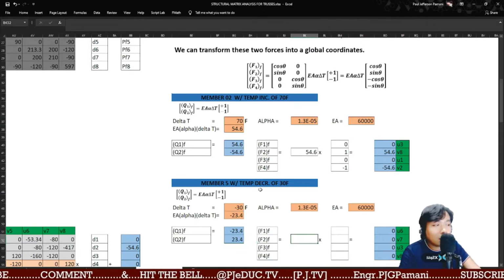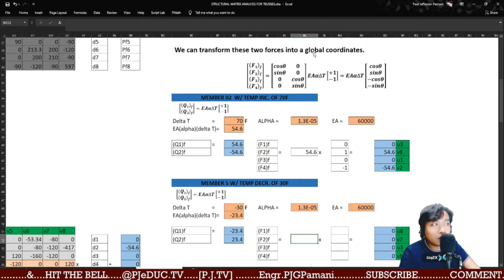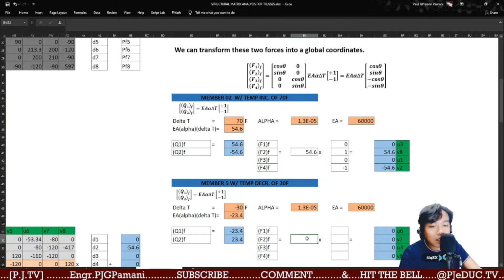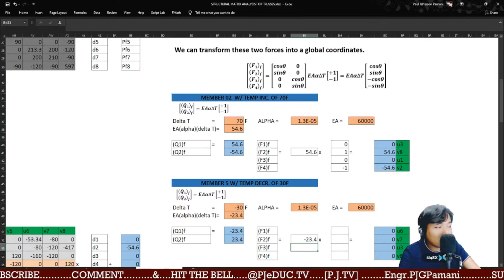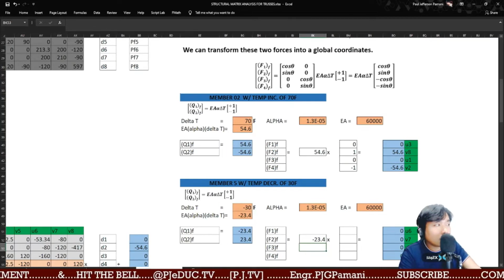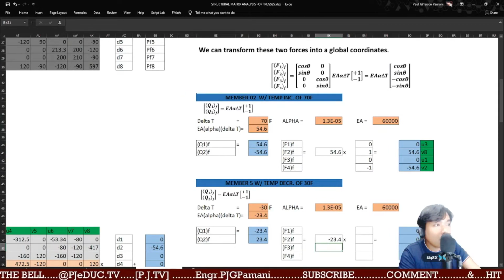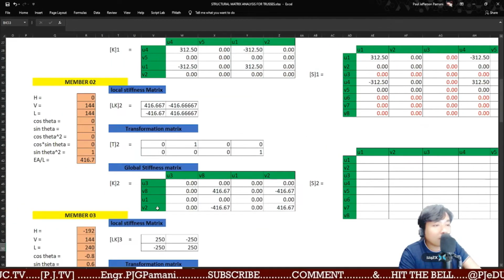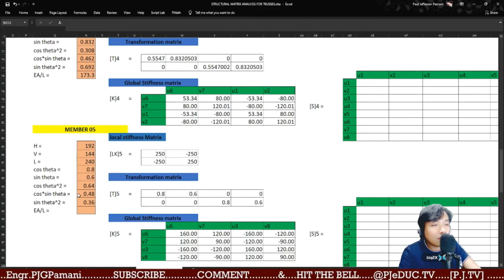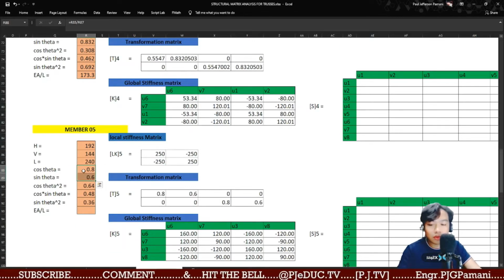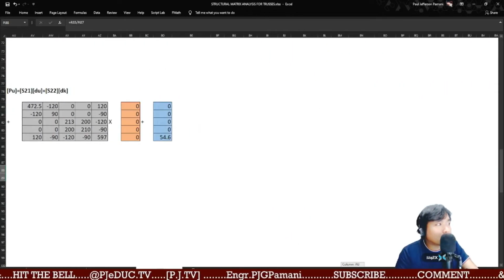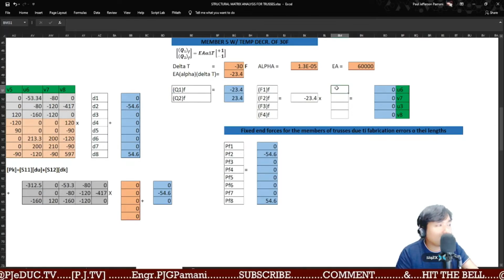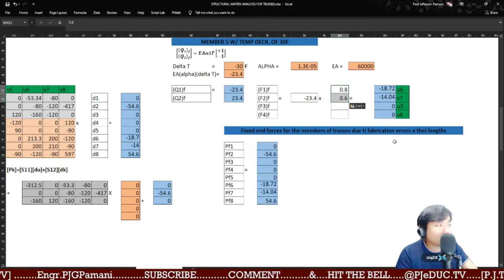Okay? Then, to compute for the forces under global coordinate system due to change in temperature, that is EA alpha delta T times the cosine theta, sine theta, negative cosine, and negative sine theta of member 5. Punta tayo sa member 5. Member 5. Ayun. Control C. Ayan, nag-choke. Control C. Then, paste lang natin dito only the values.